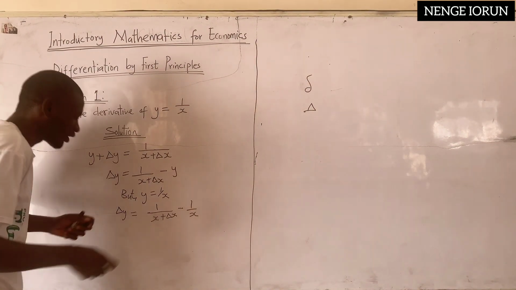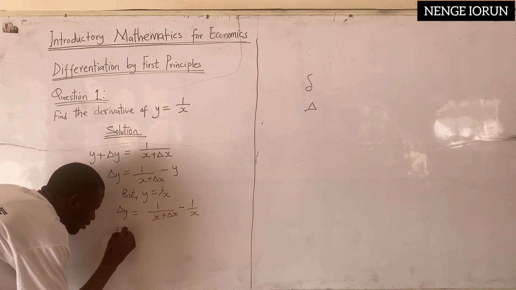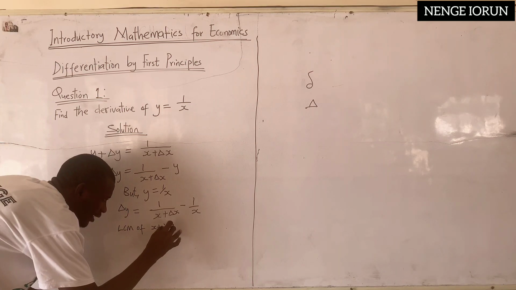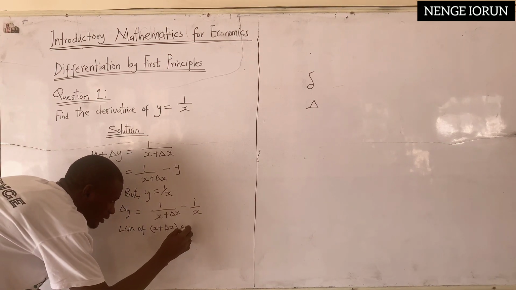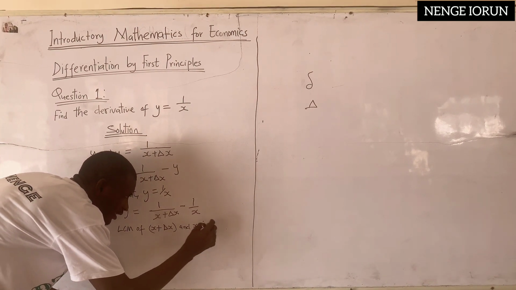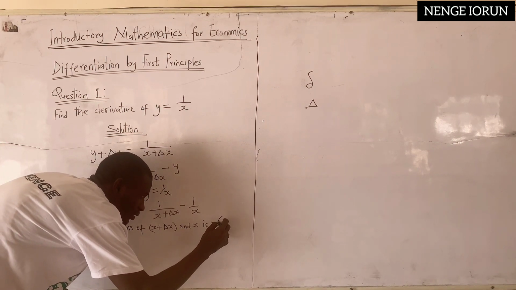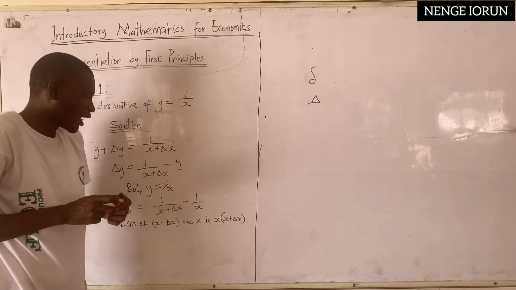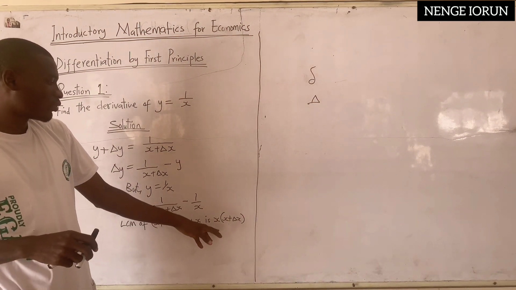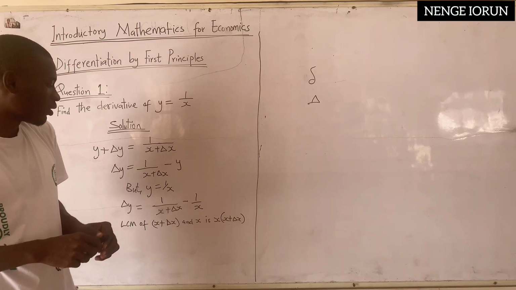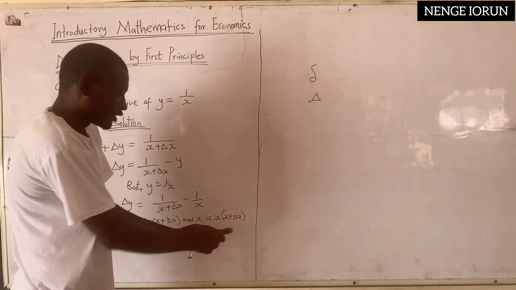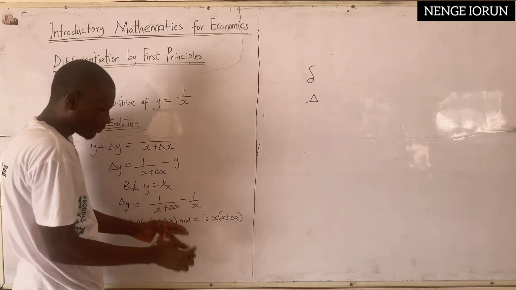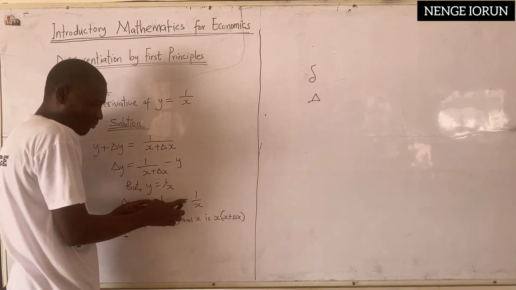So now, the LCM of x plus delta x and x is x into x plus delta x. This is the LCM, it will automatically become the denominator. So you will have to multiply here by the LCM, and multiply here by the LCM.